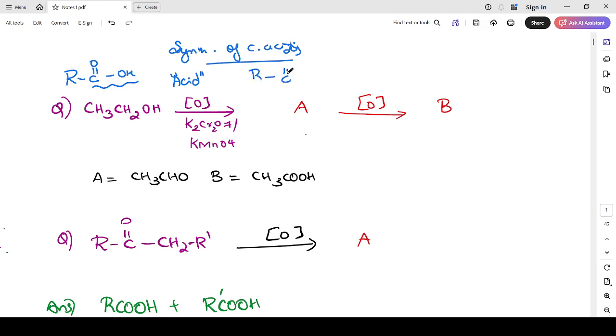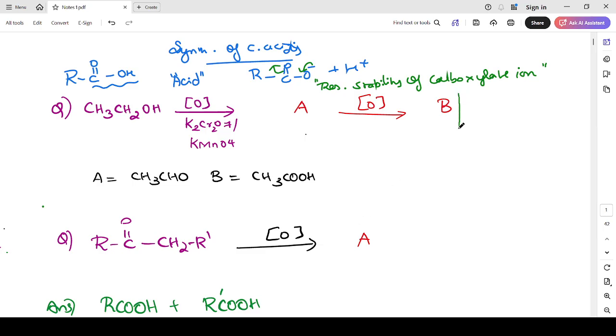That means they can release H plus ion. The reason why they can release H plus ion is that the carboxylate ion that you have formed has an ability to get involved in the resonance. The resonance stability of carboxylate ion makes it acidic in nature.